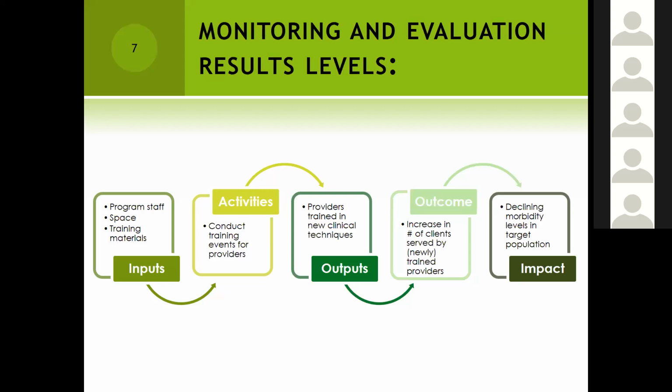And once you have your outcome, the next thing that you get is your impact. So the outcomes lead you to the impacts, and here we see some declining morbidity levels in the target population, and that is something that we are always very keen to measure: whether there is a decline in disease morbidity levels in the target population as much as possible.